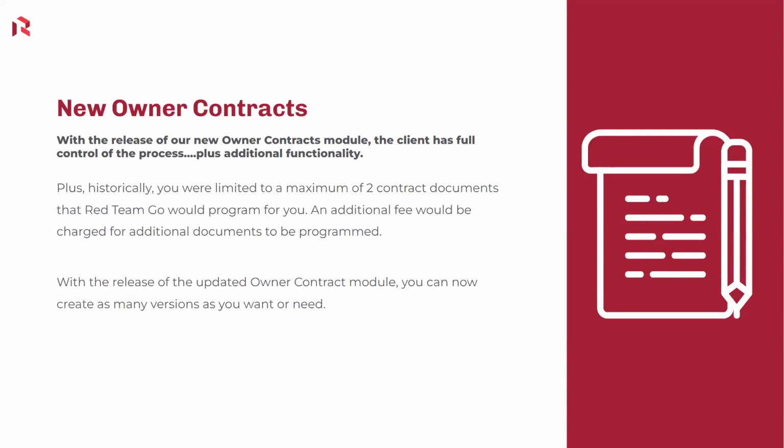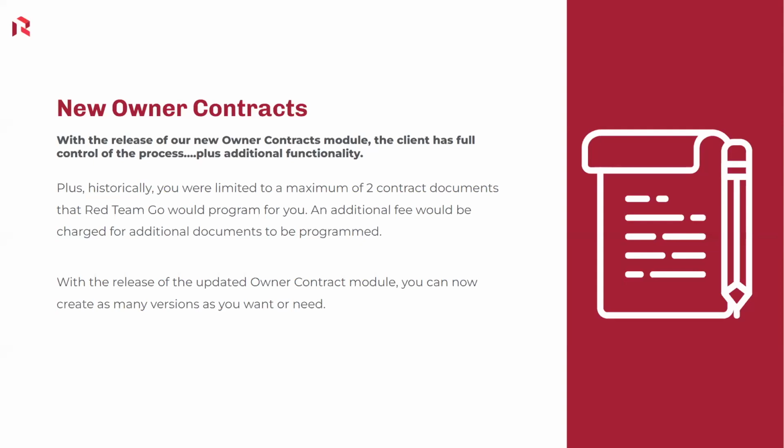Also, prior to the new owner contract module, part of your deal with Red Team Go allowed for up to 2 custom contract documents to be programmed for you to be available in your site. That could have been any combination of owner contracts and subcontracts. So if you had 2 owner contracts, we could do that for you. 2 subcontract documents, we could do that for you, or 1 of each.